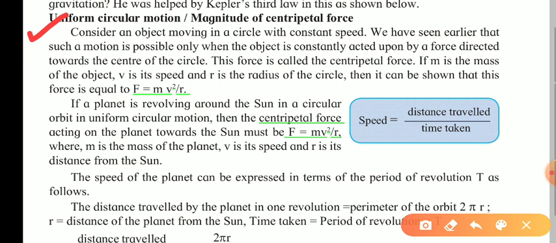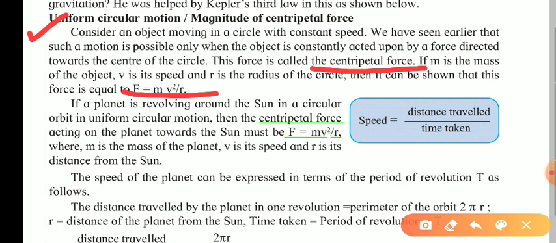The next part is, in our previous topics we already studied the centripetal force. The force which is acting towards the center of the circular motion is called the centripetal force, and the formula for it is F is equal to mv square upon r.